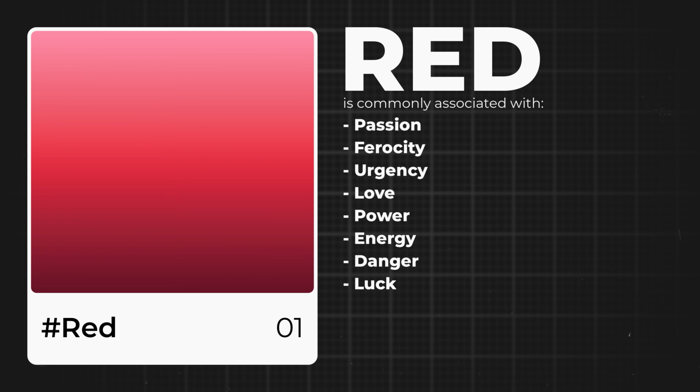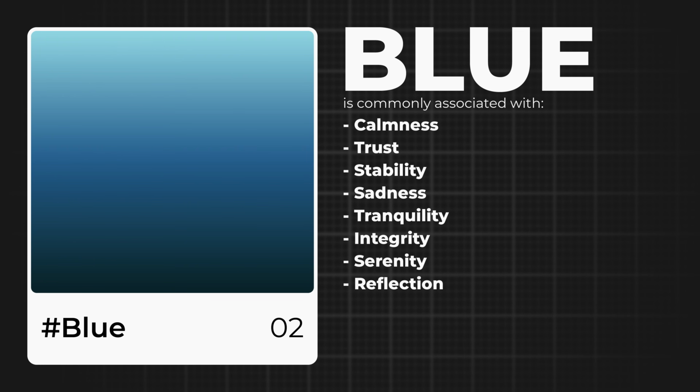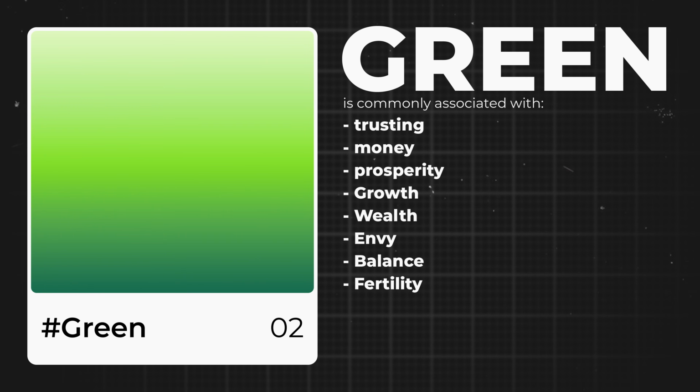Red often symbolises passion, energy and danger, but can also signify luck in certain cultures, like China for example. Blue is commonly associated with calmness, trust and stability, but might also evoke sadness in certain photos. Green can also be associated with being natural and trusting, but can also represent money and prosperity.